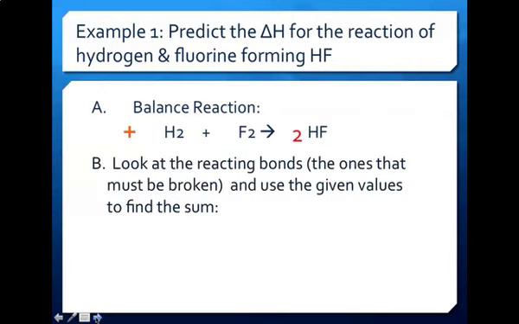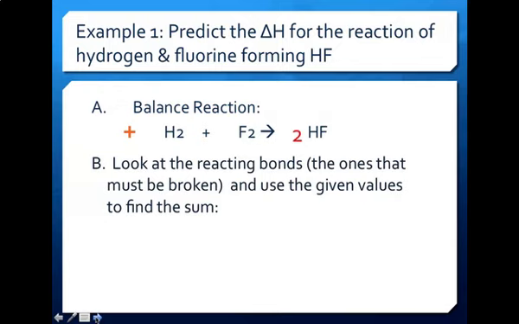I'm going to look at my breaking bonds first because I'm doing broken minus formed. So I'll look at my broken ones first. And I have H2 and F2. Can hydrogen form double or triple bonds? No, hydrogen can only ever form single bonds. Because it already has one electron, it just needs one more. It'll always be a single bond.